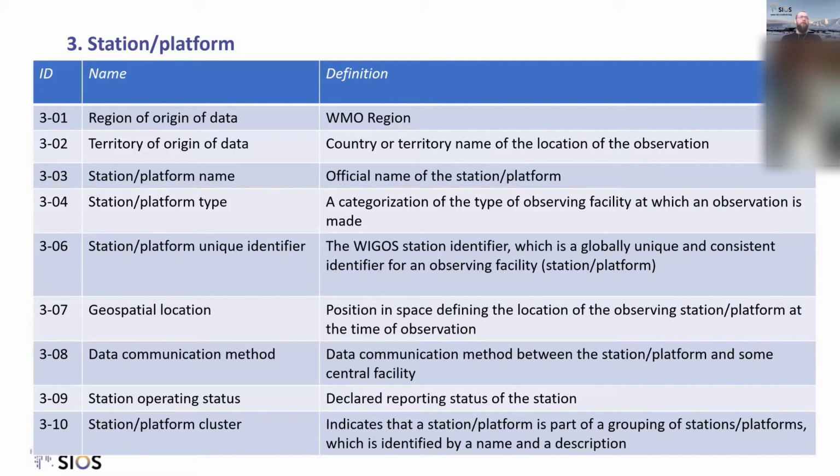Identifier, which could be delivered by WIGOS, but there is also some new work in this direction, which I will show you in the next slides. Geospatial location, data communication method, station operating status, and station cluster are the last four categories that are important for the platform description.